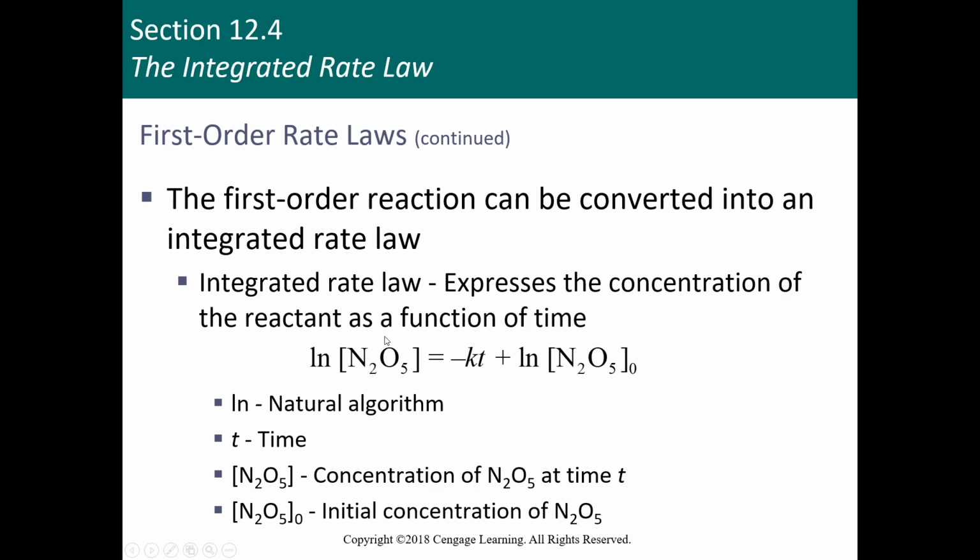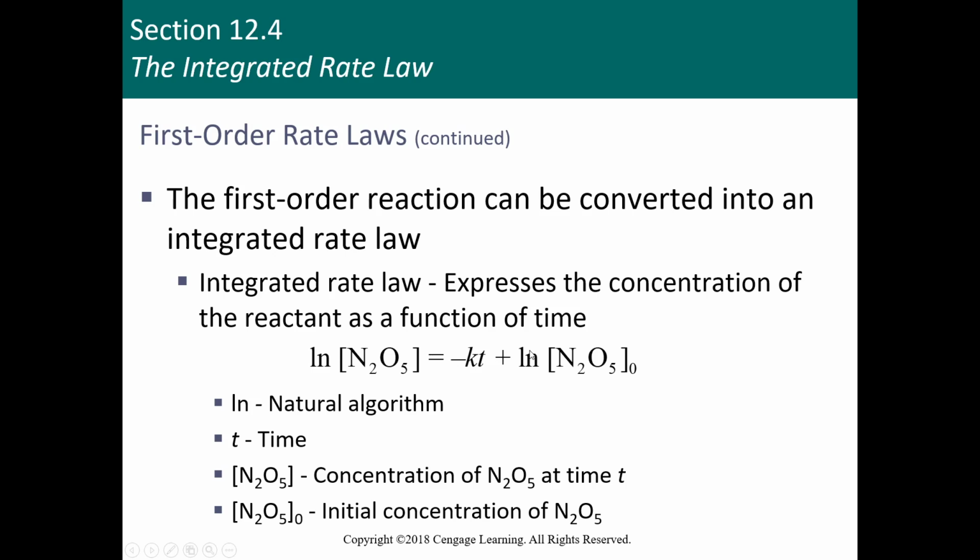Natural log of our reactant concentration equals negative k, which is again our rate constant, same rate constant as before, times t. This is a single time, so you can now do this in terms of a single time on that graph, okay? You don't have to have a range of time or initial time only. You can just do it for any time now. And that's what makes this so useful. We've now done this as an expression of time.